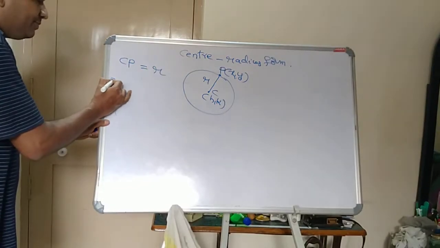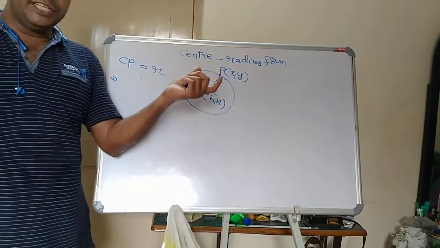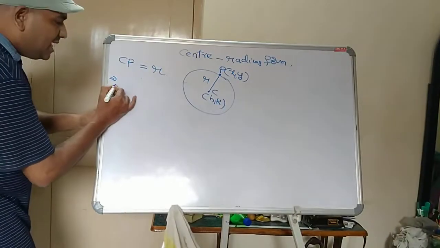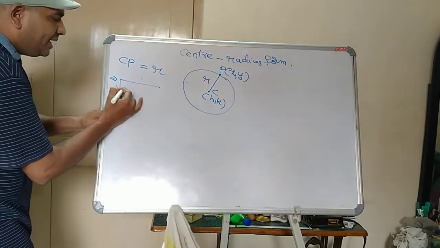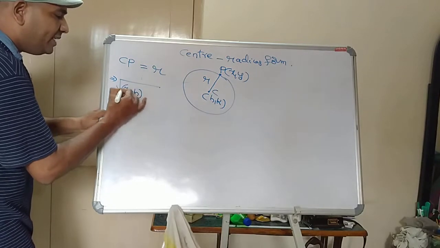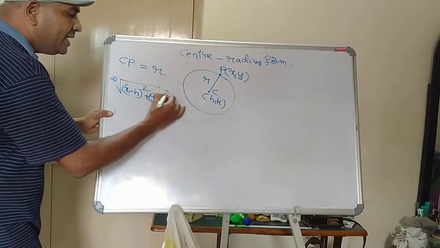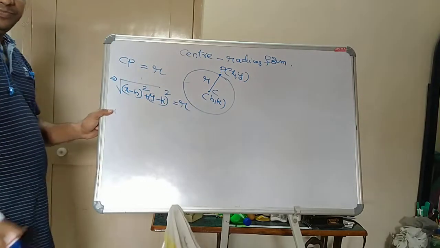That implies we have to find the distance between C and P. That means square root of x minus h whole square plus y minus k whole square equal to r.